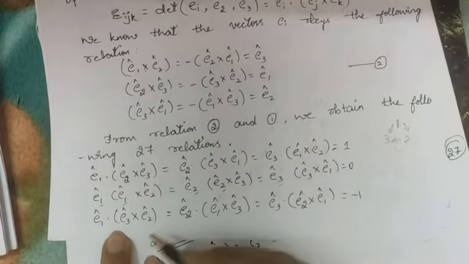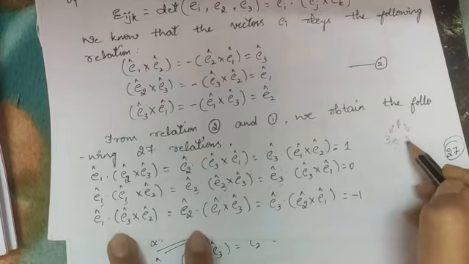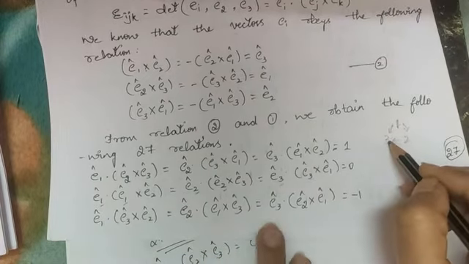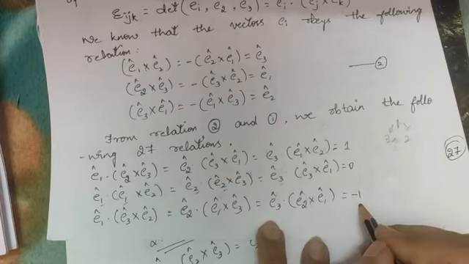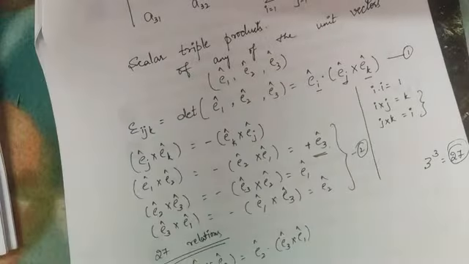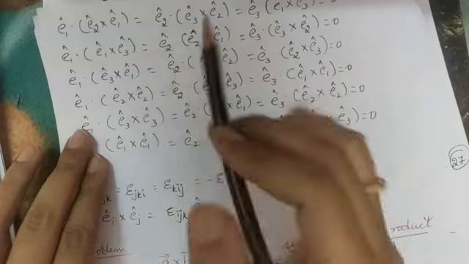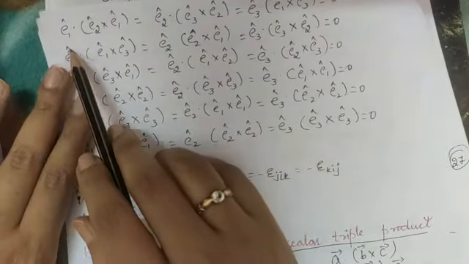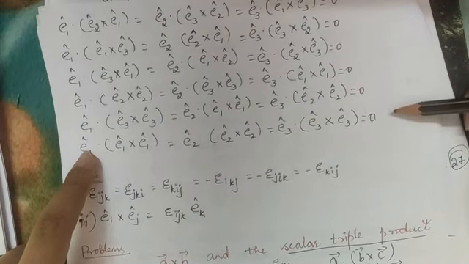Here this is in an acyclic manner. 1, 3, 2, 2, 1, 3, 3, 2, 1. So your epsilon ijk takes the value minus 1, right? So here I have written 9 relations. The remaining relations are here. In the remaining relations, all the relations consist of 2 equal variables. So you will get the value as 0.